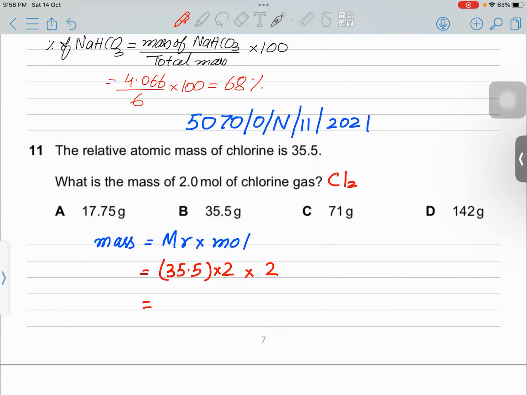So 71 times 2 is 142. D, 142 gram. So D is the answer.